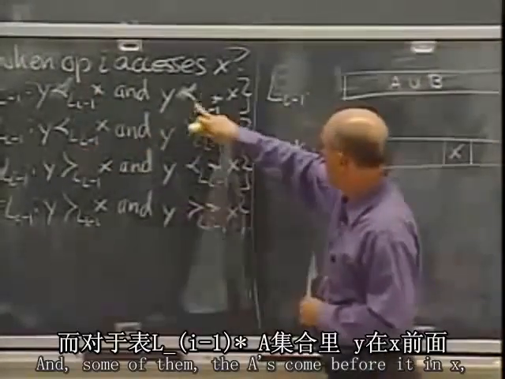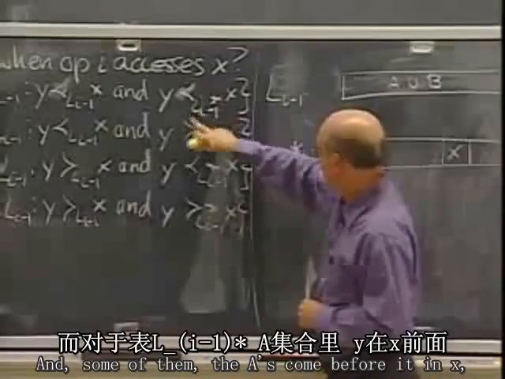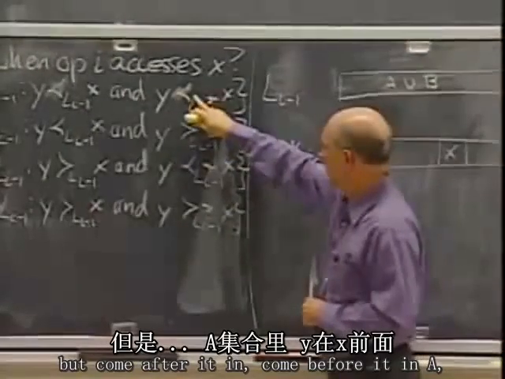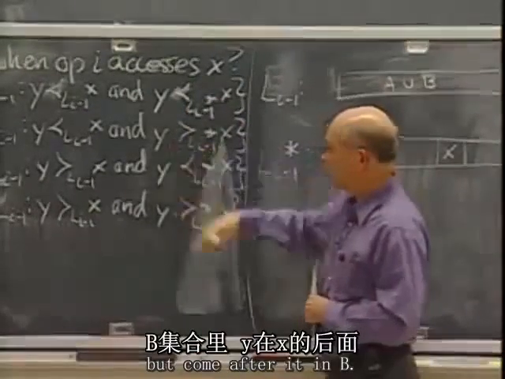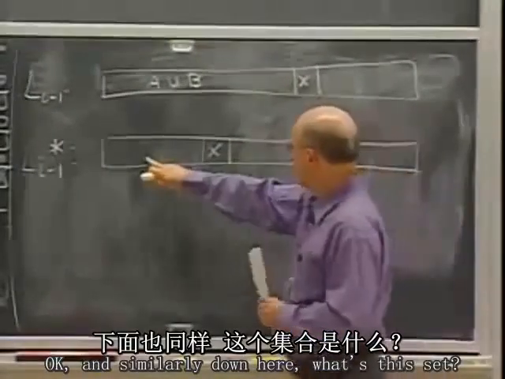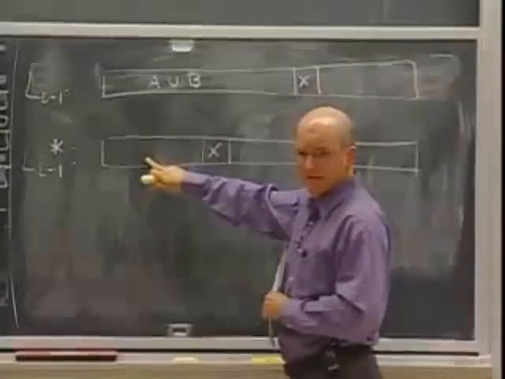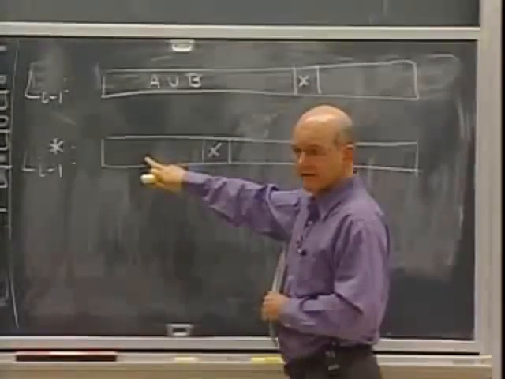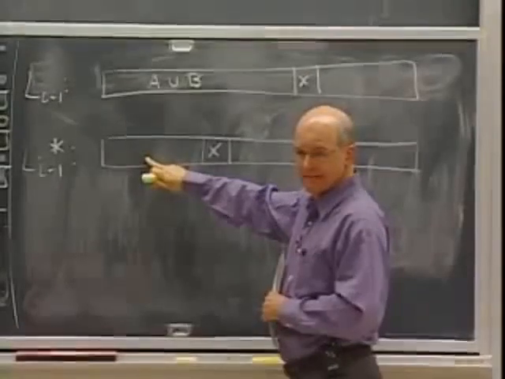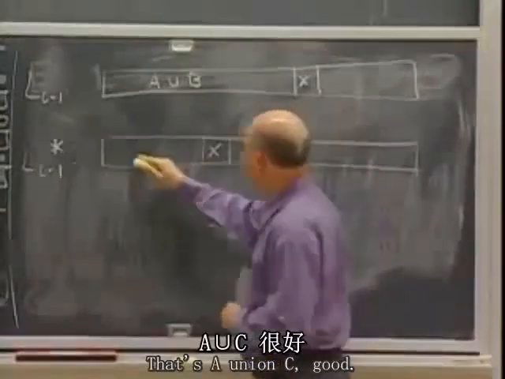And some of them, the A's, come before it in A, but come after it in B. And similarly down here, what's this set? That's A union C. Good.